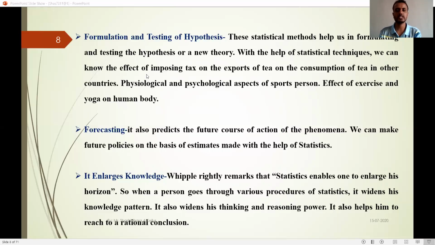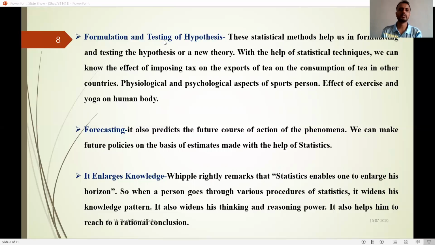With the help of statistical techniques, we can know the effect of imposing tax on the export of tea, the consumption of tea in other countries, as well as, in the field of sports, the psychological and physiological aspects of a sports person, and the effect of exercise and yoga on the human body.